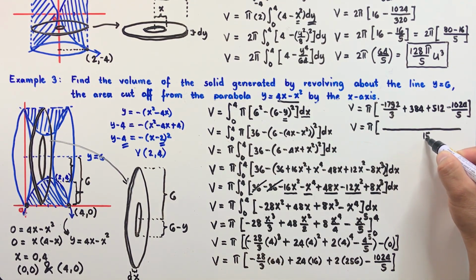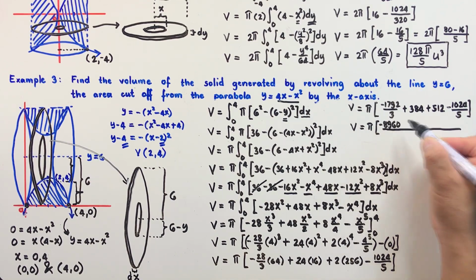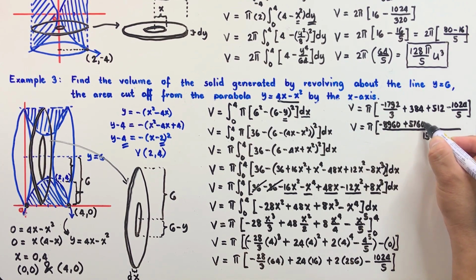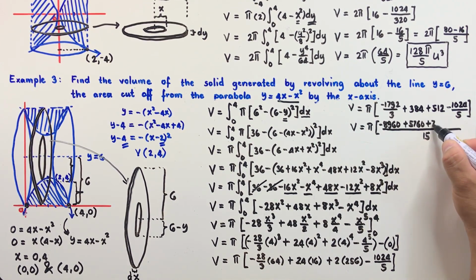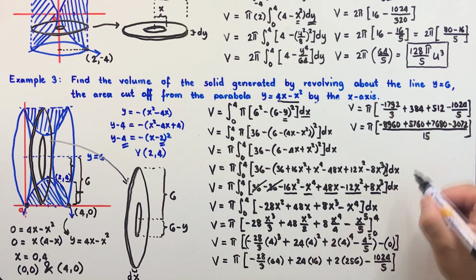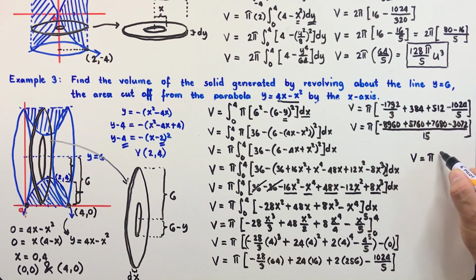So this becomes negative 8,960 plus 5,760 plus 7,680 minus 3,072 here. And if you combine all the numbers in the numerator, we have this 1,408 divided by 15.